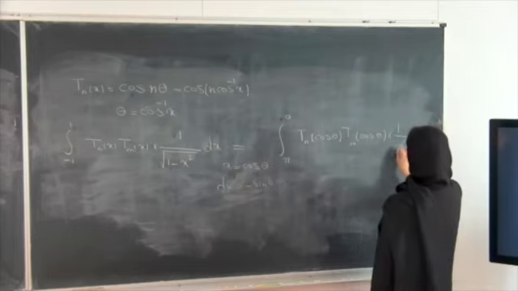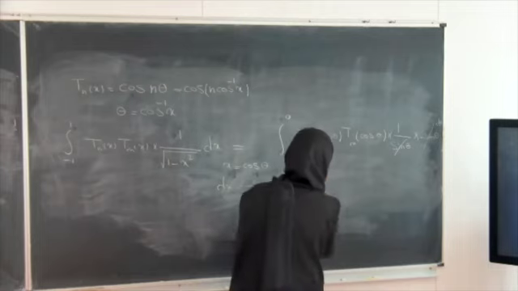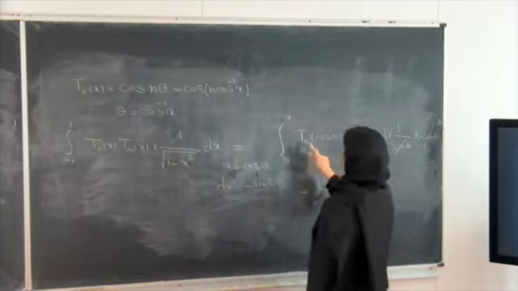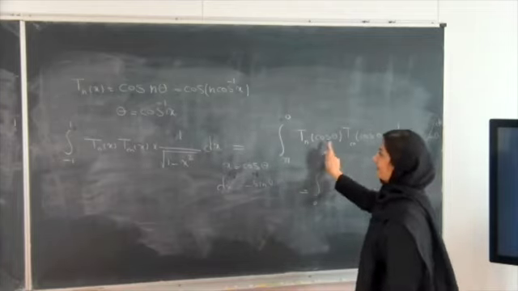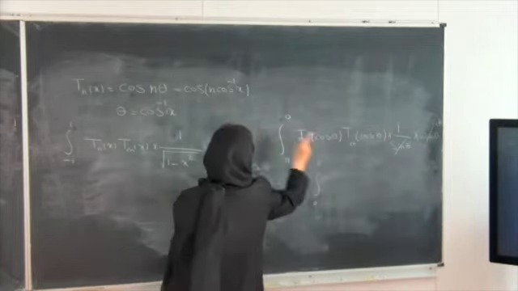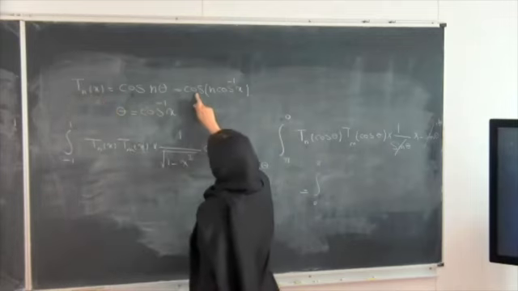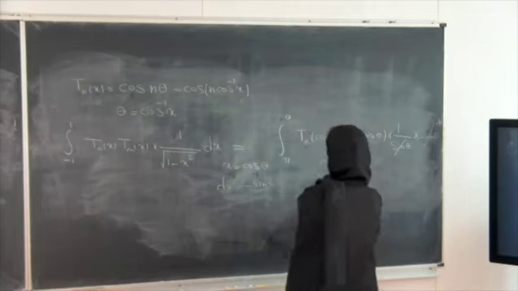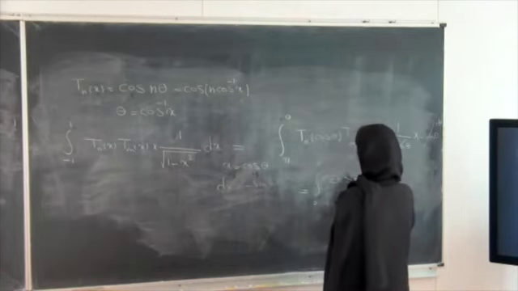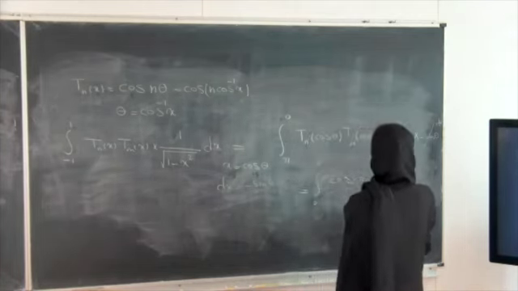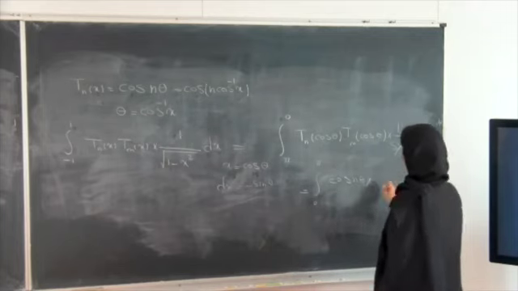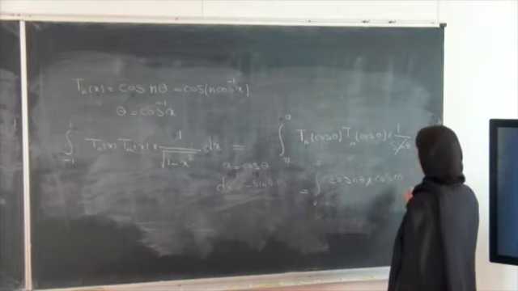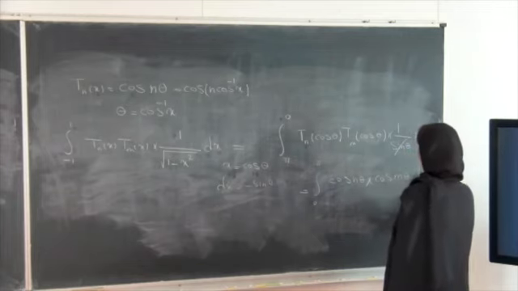So we can omit this and write the integral from 0 to pi, and we know that Tn of cosine of theta is cosine of n cosine inverse of cosine. So we have here cosine of n theta, and for this we have cosine m theta d theta.